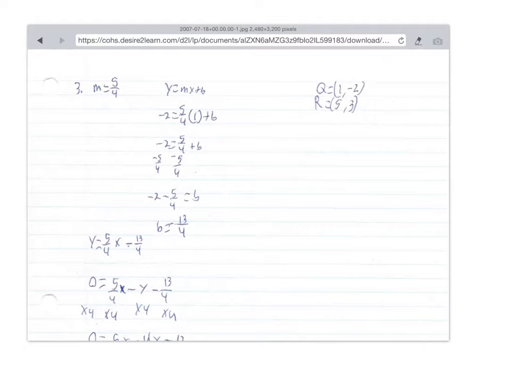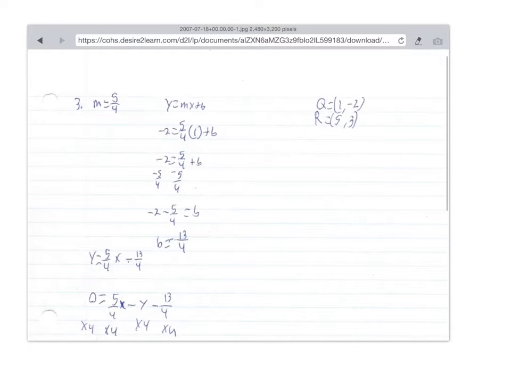So here's the second page of the assignment that you submitted, and your slope is coming over from the previous question. So the slope is 5/4, that's correct. And you subbed in the point (x, y) = (1, -2). And so you've got the correct equation. Here you've got it in y = mx + b form.